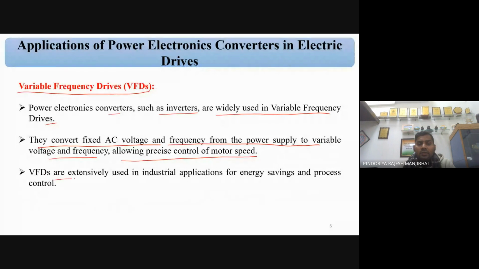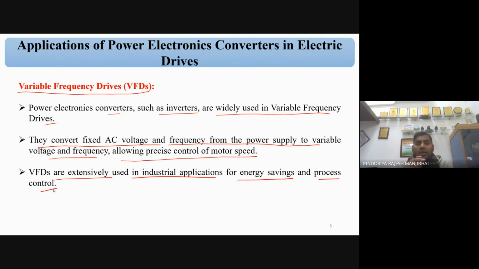VFDs are extensively used in industry applications for energy saving and process control, correct? Ultimately we can save energy because the efficiency is very good, and it is easy to control the speed of the motor with a VFD. So nowadays AI technology is there, but still people use the VFD for industry applications.